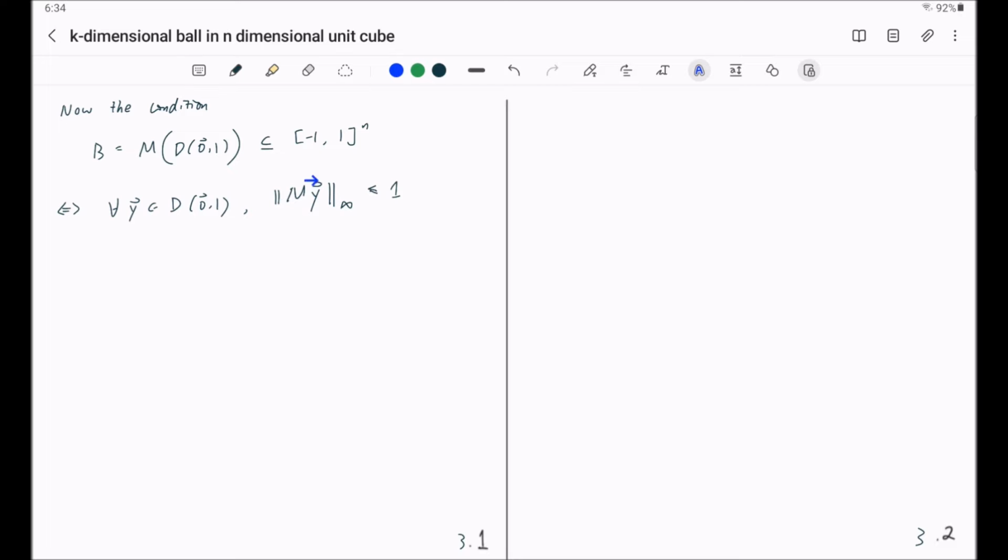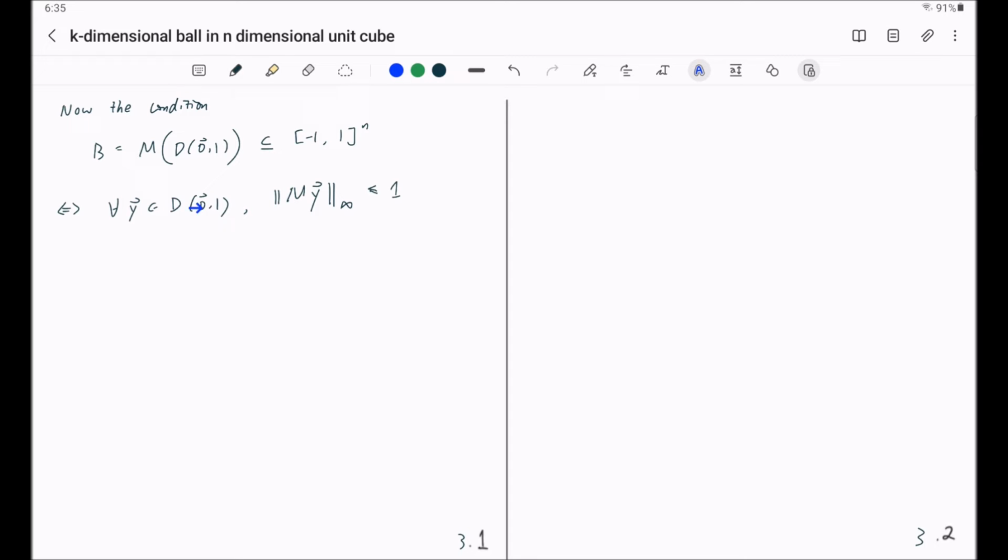Recall that in matrix analysis or functional analysis, this maximum norm means the maximum of the absolute value of all of its components. So this condition precisely means the absolute value of each component of My must be bounded by 1 whenever y is in this unit disk in Rk.